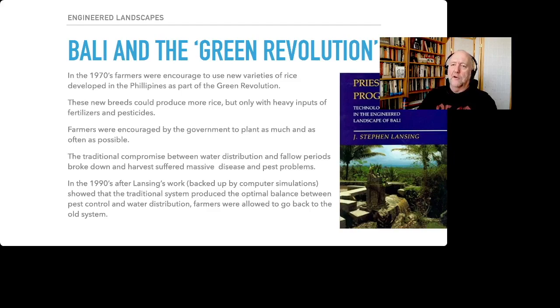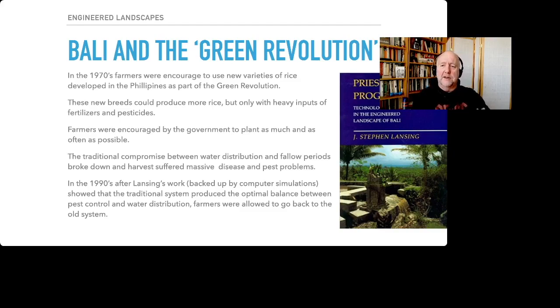So the Indonesian government encouraged the farmers to plant as much and as often as possible. This meant that the compromise between water distribution and fallow periods, that is, periods in which the terraces were left to microbial and algal and fungal activity to re-nitrogenize the soil, broke down. And as a result, the harvest suffered massive disease and pest problems.